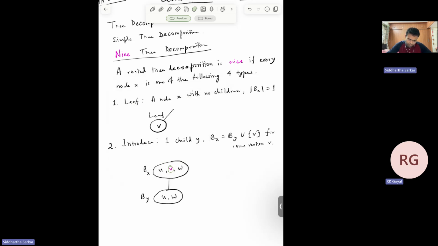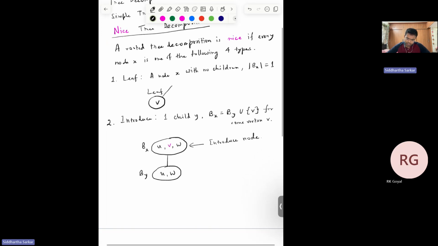Therefore, this is an introduce node. Does this mean that this bag X is introducing the element V? Yes, exactly. There is a difference of exactly one element. So at a time, exactly one element is being introduced.